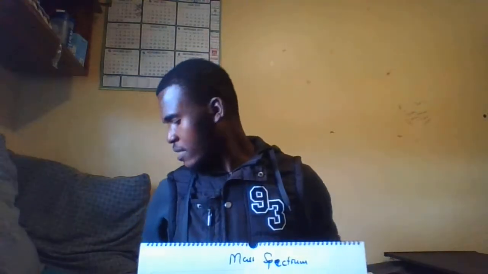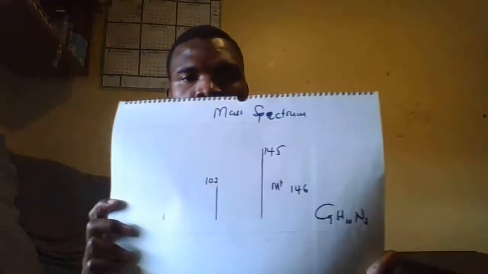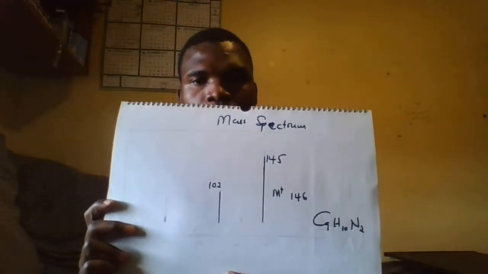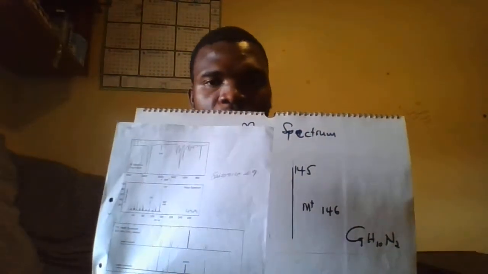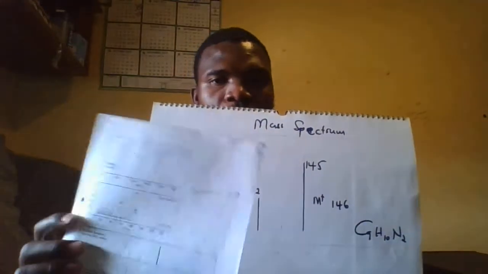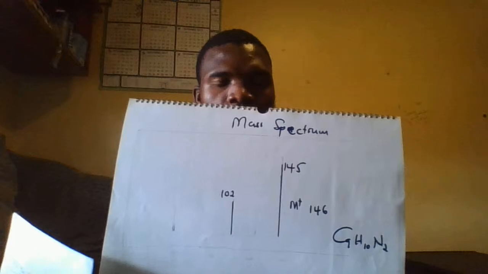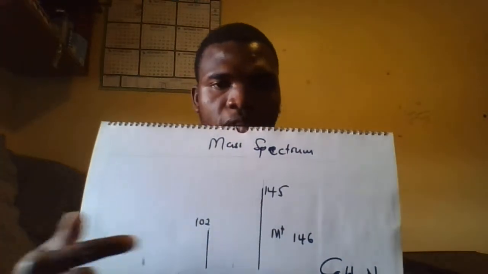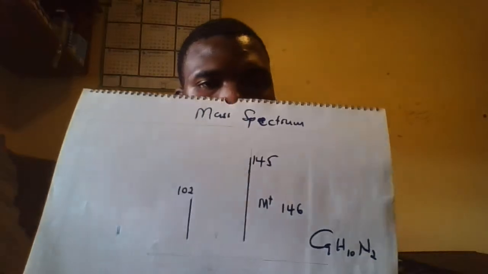To begin with, if you are given that question, look at the mass spectrometer. In this case, the mass spectrometer information is the second diagram from the top. Here I indicated two important peaks that are of interest.